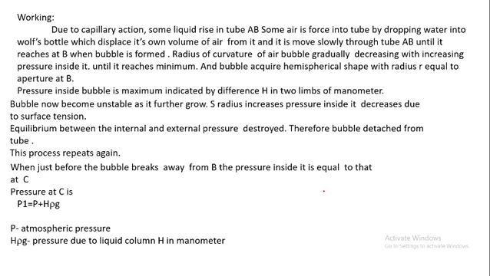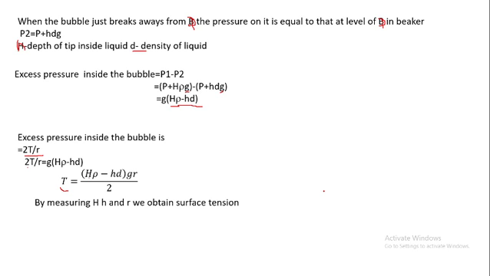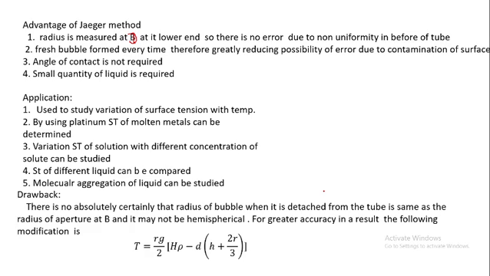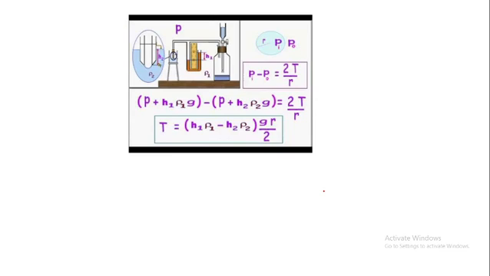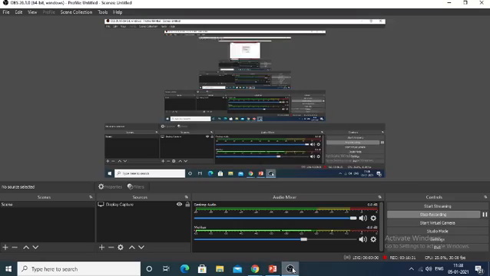Practically, you also have to prove it. So we get the surface tension, and this is another advantage and application. Now there is only one article left, which we will see in the next lecture, or tomorrow. So this is about surface tension.